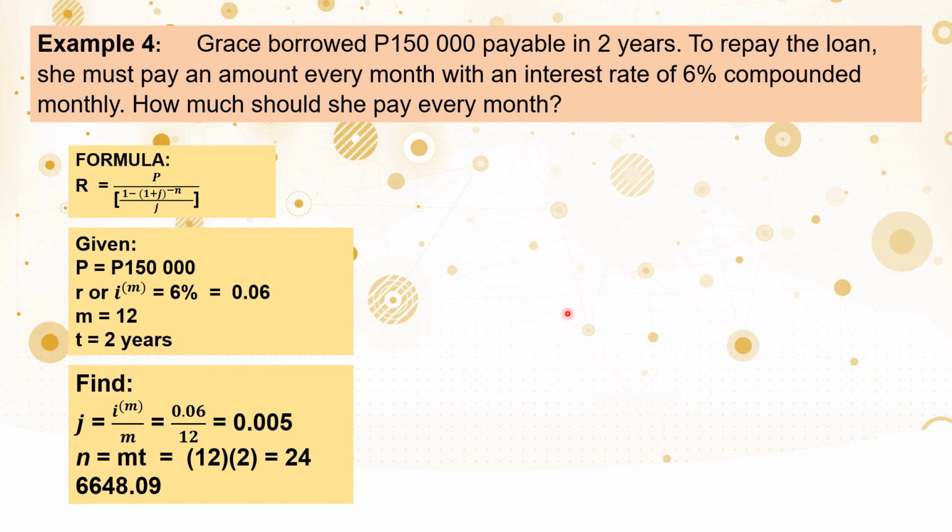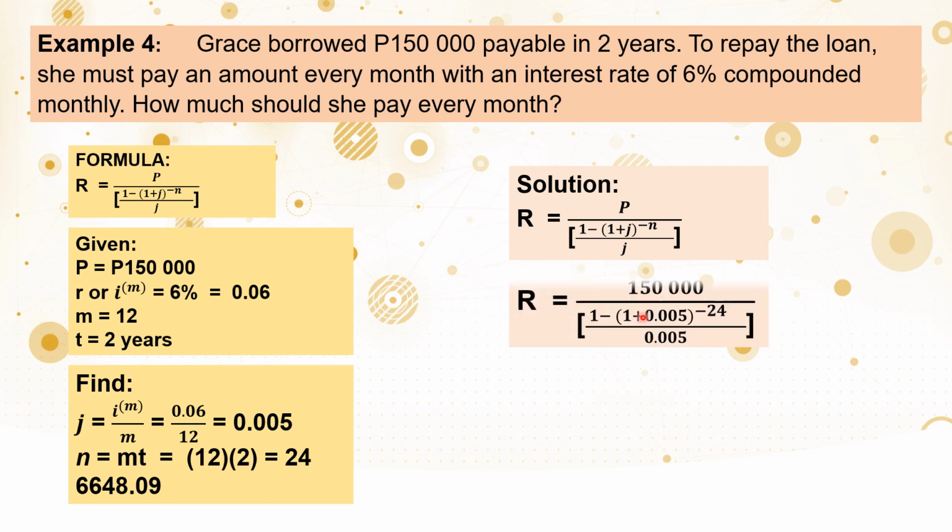So we can now find for the value of our R or periodic payment using this formula. Just substitute all the given in the formula. So R now is equal to, our P is 150,000 divided by the quantity 1 minus the quantity 1 plus our J is 0.005 raised to negative 24 over our J is 0.005.